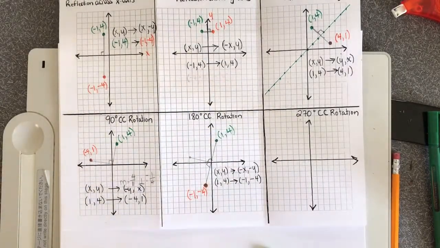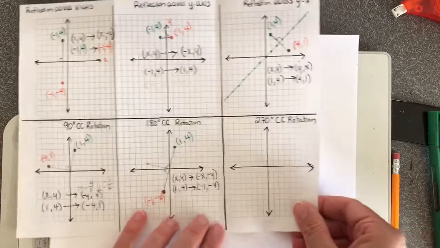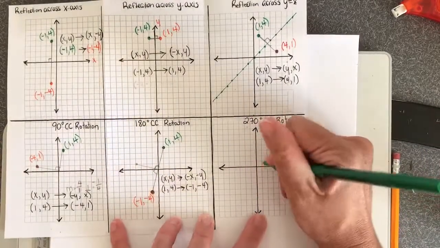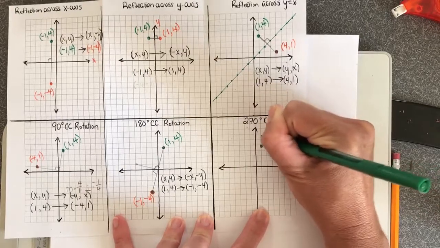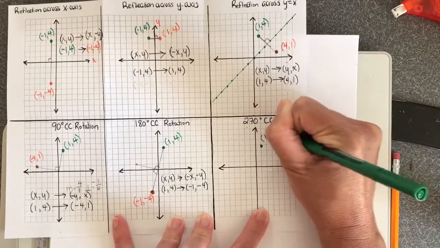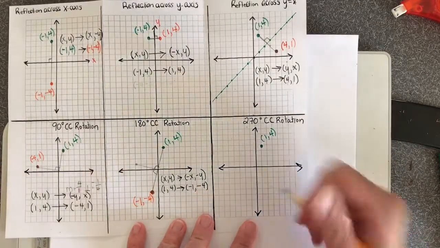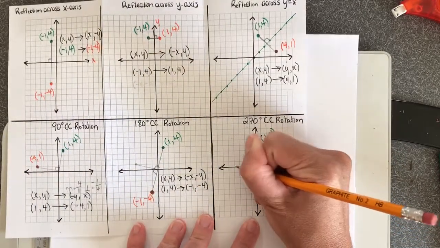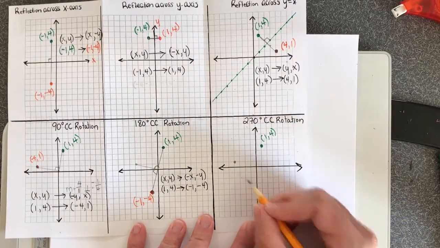Okay, so one more to go. A 270-degree counterclockwise rotation. So that is three 90-degree turns. Let's start with our point, 1, 4. So where is that going to be? If I'm going to go three turns, here is one 90-degree turn.